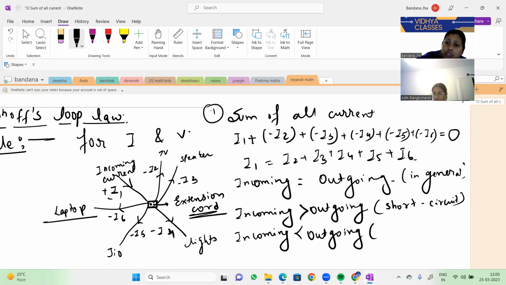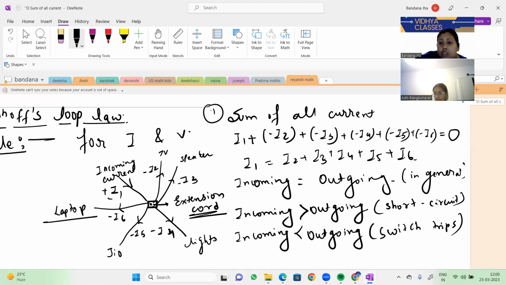So if all the instruments are running, incoming current is low but outgoing is high. The geyser takes so much power, the oven also takes so much; the fan and light do not. These two cause overload, and that much current is not coming. Then the switch trips.